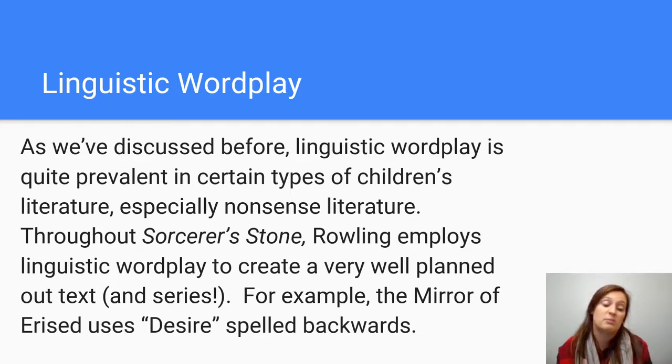The one that I want to point out to you is the Mirror of Erised, and if you haven't noticed yet, it's the word desire backwards. So there's other things that she uses throughout the text. You might look at the names of people as well as other things. The discussion question below that talks about linguistic wordplay gives you some more ideas to look at and think about why it is that Rowling has decided to use linguistic wordplay in this text.